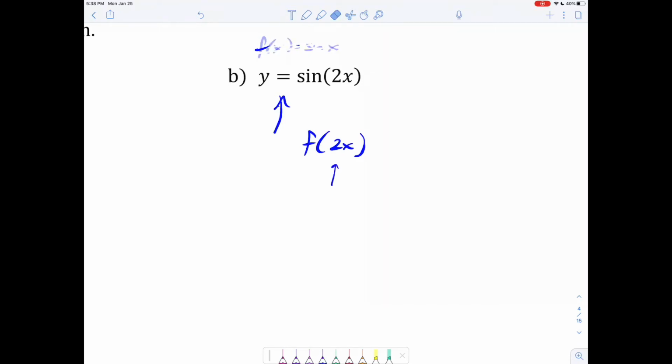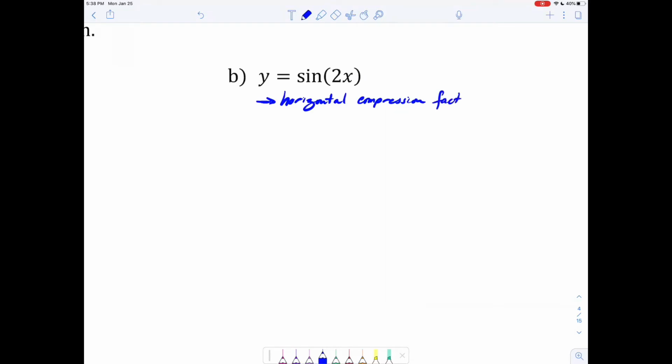What does that do? That's right, it causes a horizontal compression. So we've got a horizontal compression factor of 2.